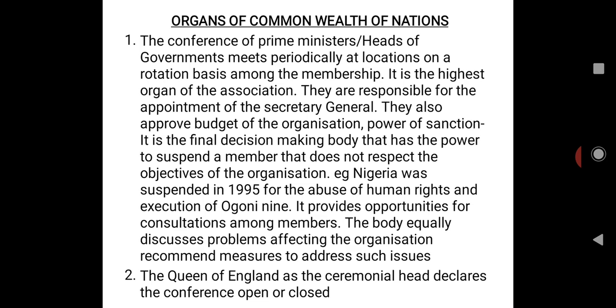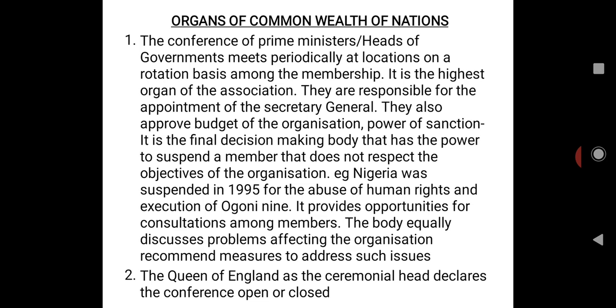This conference meets periodically at locations on a rotation basis among the membership.